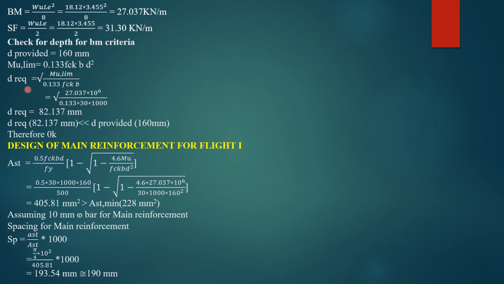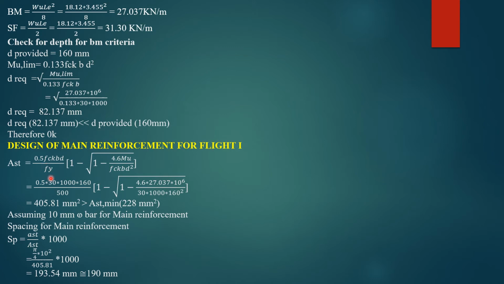Let us calculate the main reinforcement for flight one. We already know the AST formula. There are various formulas given, but this is the simpler one and simpler to remember. AST equals 0.5 FCK BD upon Fy, times 1 minus the square root of 1 minus 4.6 MU upon FCK BD square.